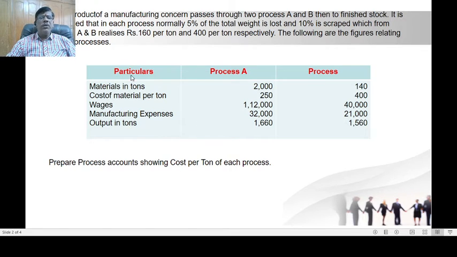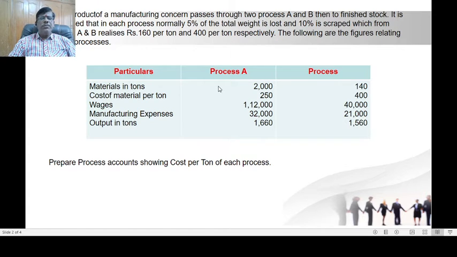First you have to check whether output is given or not. If output is given, you need to calculate abnormal loss or gain.